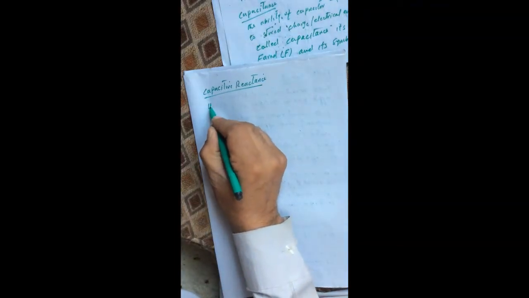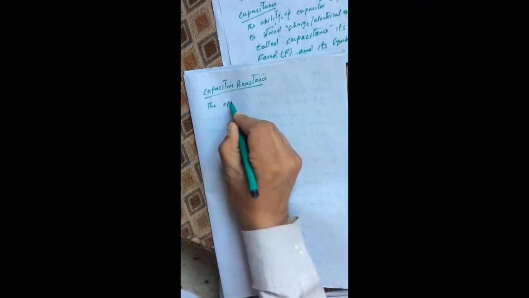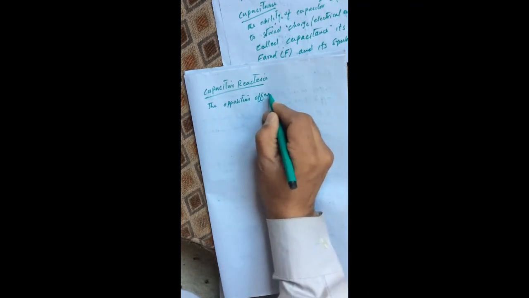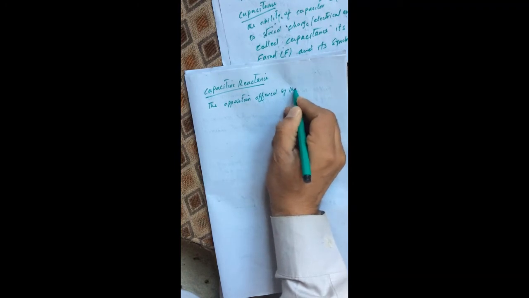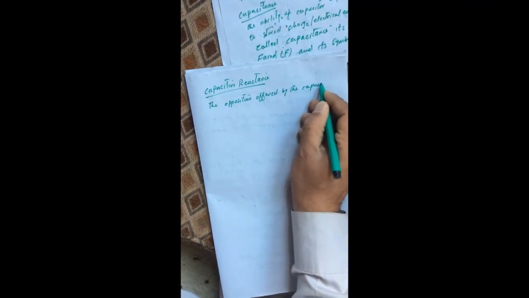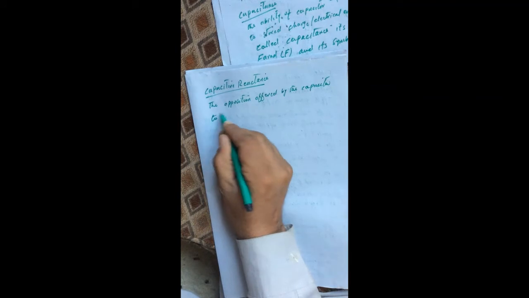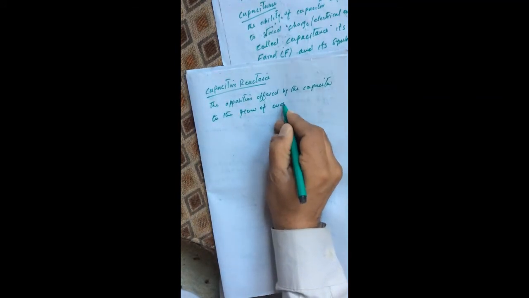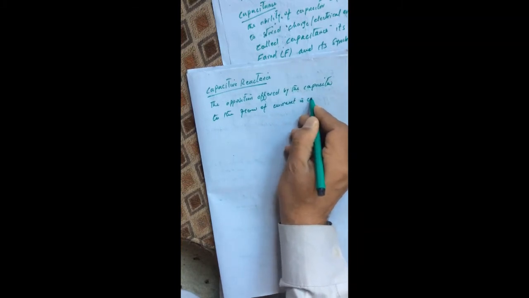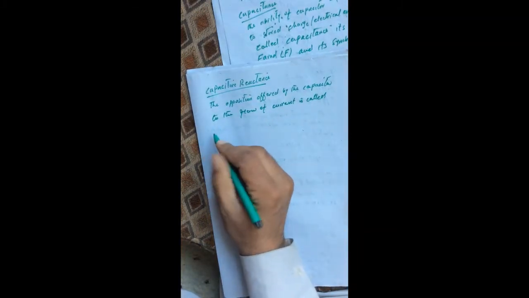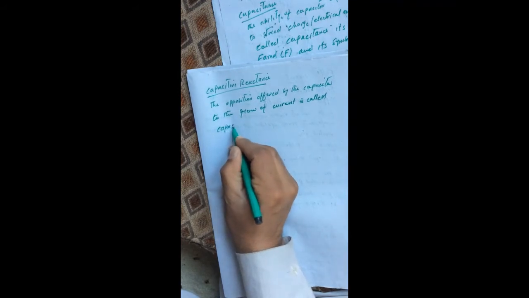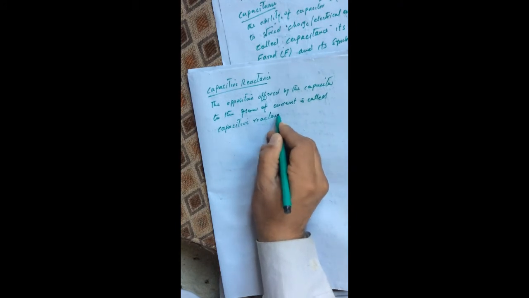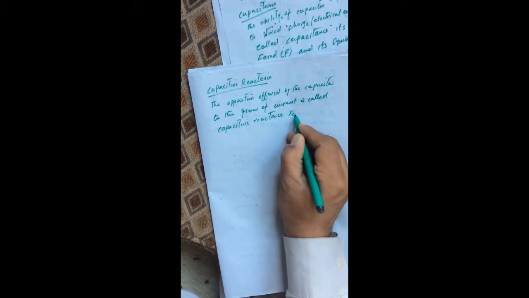So the opposition offered by the capacitor to the flow of current is called capacitive reactance, denoted by this symbol Xc.